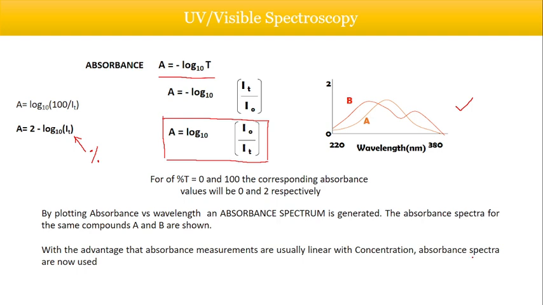We are aware of the equation absorbance equals epsilon C L, where L is the path length, C is the concentration, epsilon is the molar extinction coefficient, and A is the absorbance.